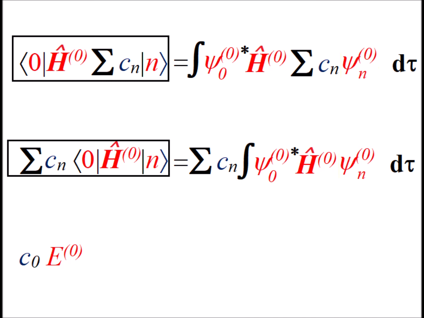they have different eigenvalues, 0 and n will give an integral of 0 unless n is equal to 0. And then the value of that integral is simply going to be the energy E₀, the eigenvalue for the eigenfunction ψ₀⁰.